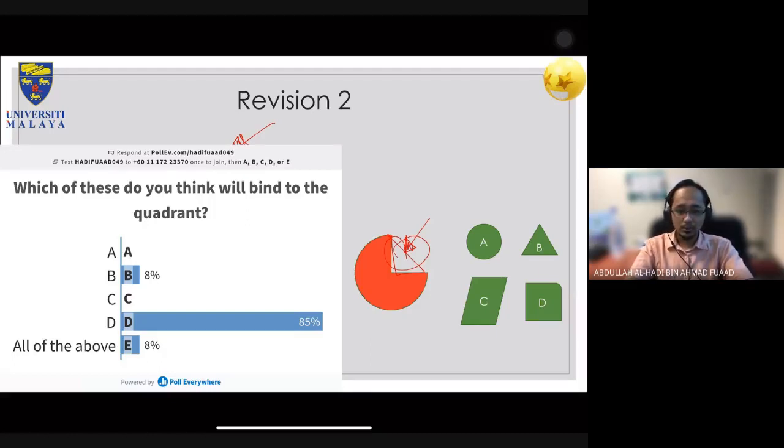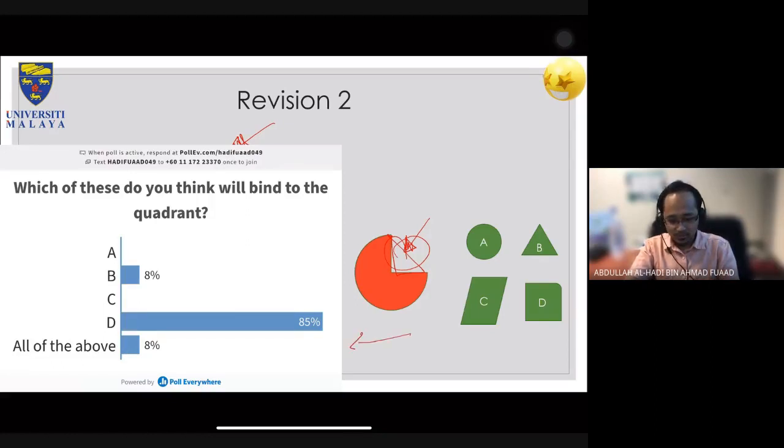Okay, so the answer is all of the above. Because towards the end of the day, the question is asking which one will bind. I'm not asking which one binds the best. The basic theory, if you recall in enzyme kinetics, is that you have an active site and a molecule that can bind to the active site.